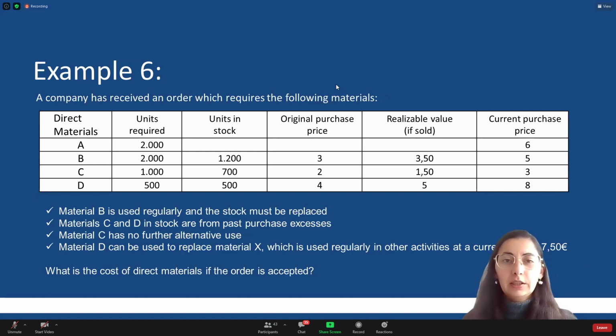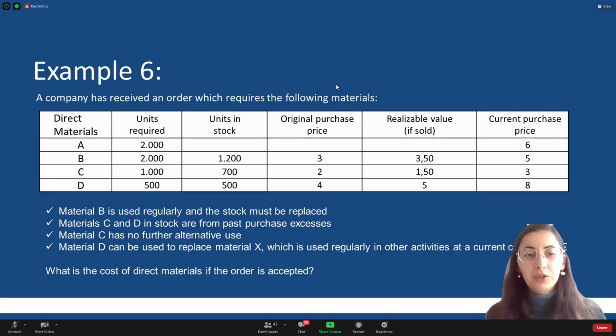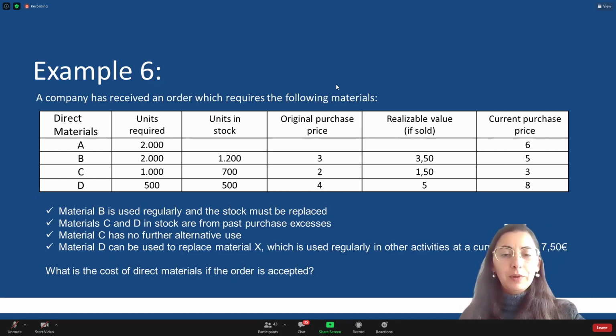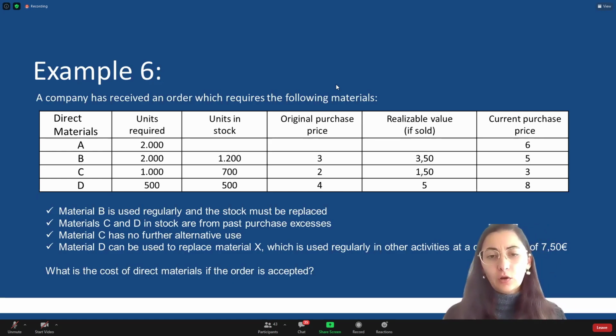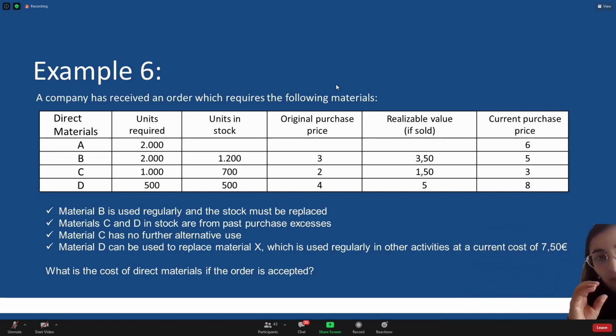One alternative is that we can sell it in the second-hand market at 5 euros. So the realizable value if sold is 5 euros for D. Or I can use it to replace material X, and material X costs 7.50.